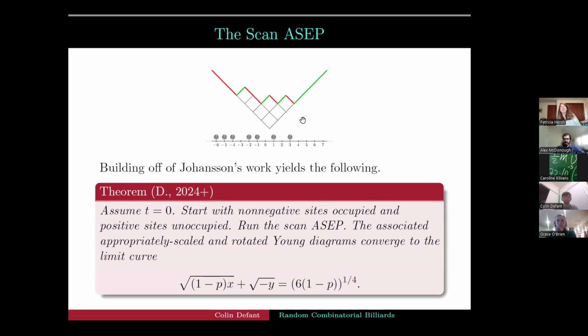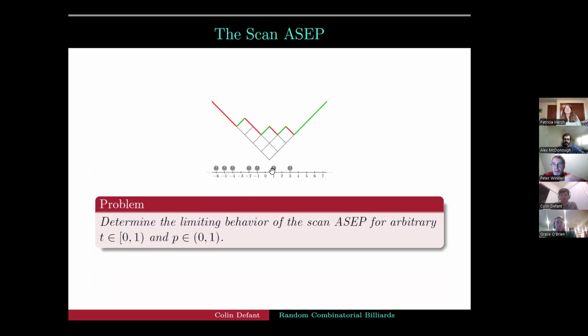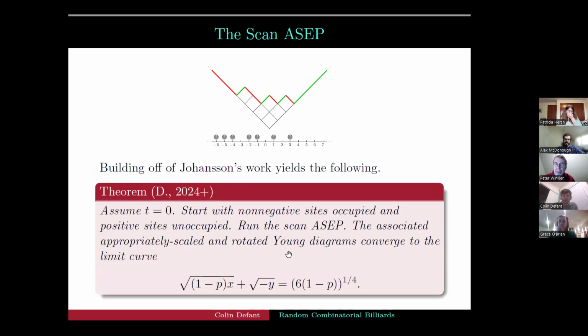Any more questions? Yeah, Colin, how do you expect it to differ from the situation where there's no stone, but you just fire vertices at random with the usual rules? I guess intuitively, I might expect the limiting shape to be just stretching the x coordinate by some factor like 1 minus p here. If p was 0 here, this would basically be just Johansson's result.